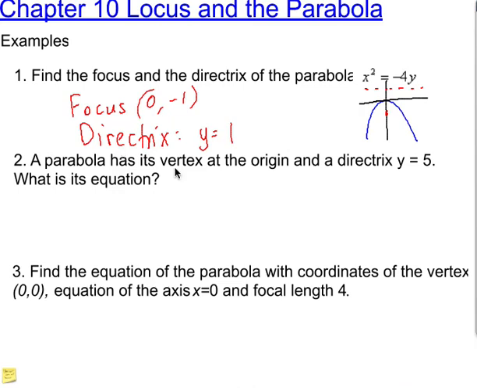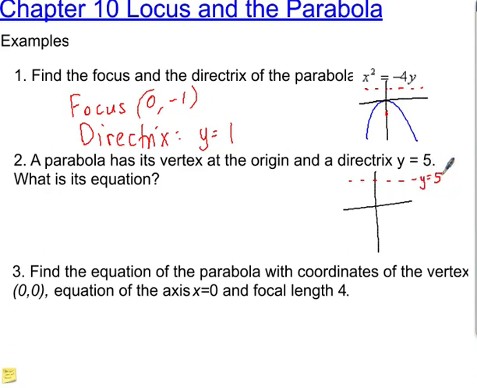So, the second example: is the parabola concave up or concave down? Concave down. Because the directrix is above the origin. Marking the directrix first, so there's y equals 5.